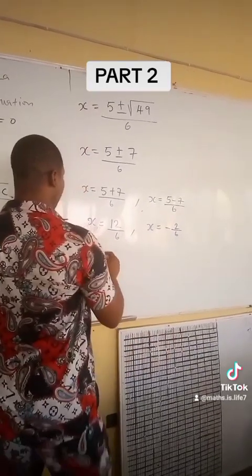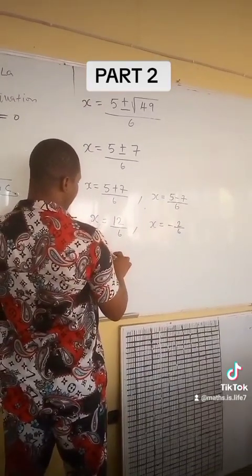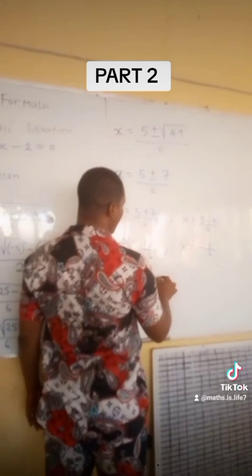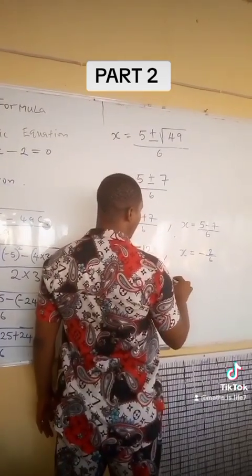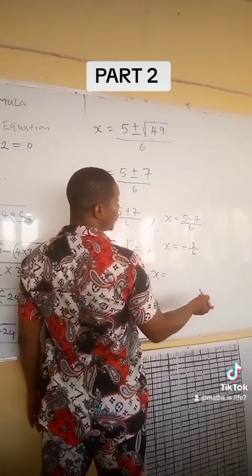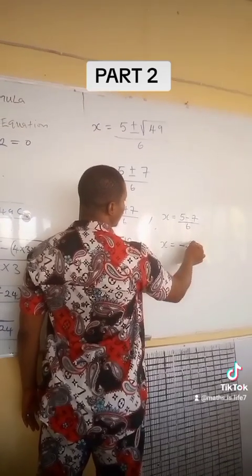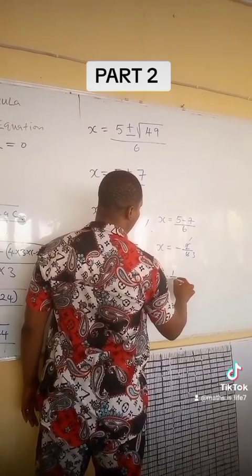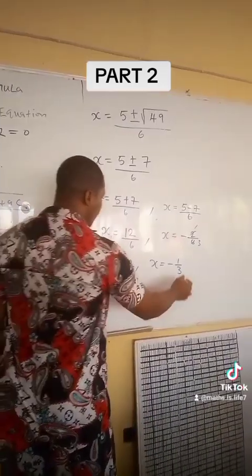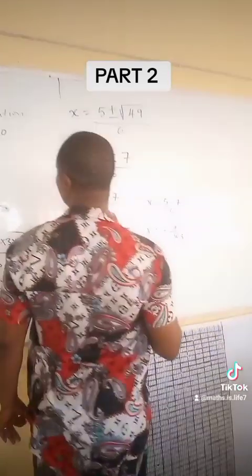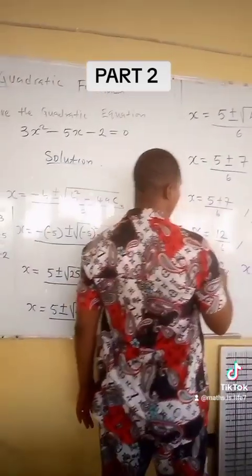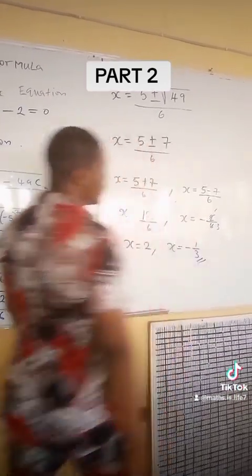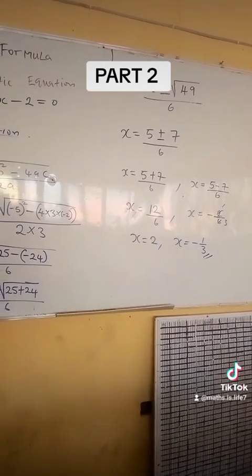So my answer here now will be x is equal to 12 divided by 6, which is 2, comma, then we have the next one, x is equal to minus 2 over 6, which is a fraction we can reduce: 2 here is 1, 2 here is 3. So my answer will be minus 1 all over 3. So the solution to this equation is x is either 2 or x is equal to minus 1 over 3.